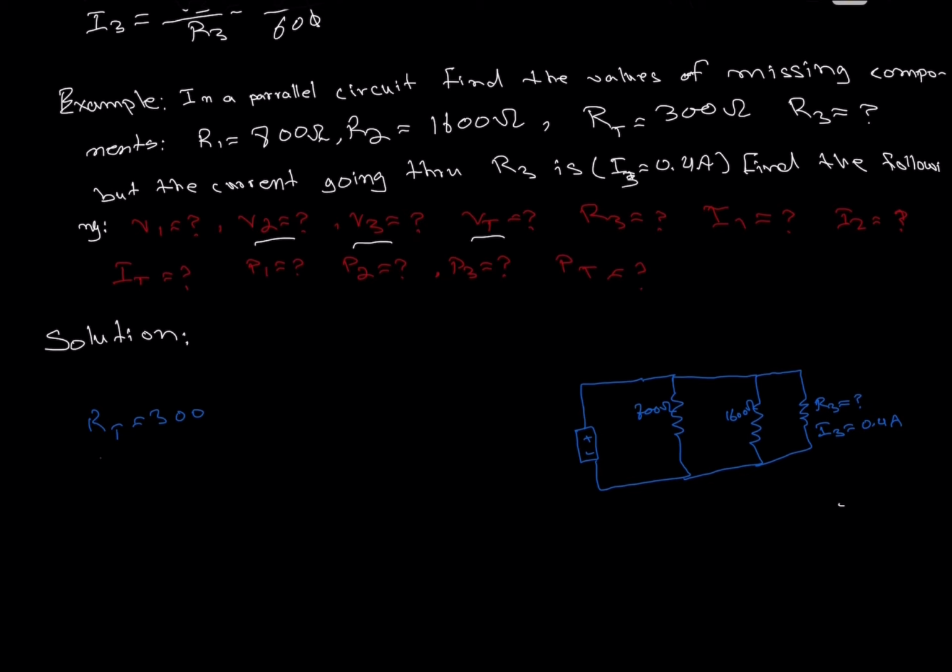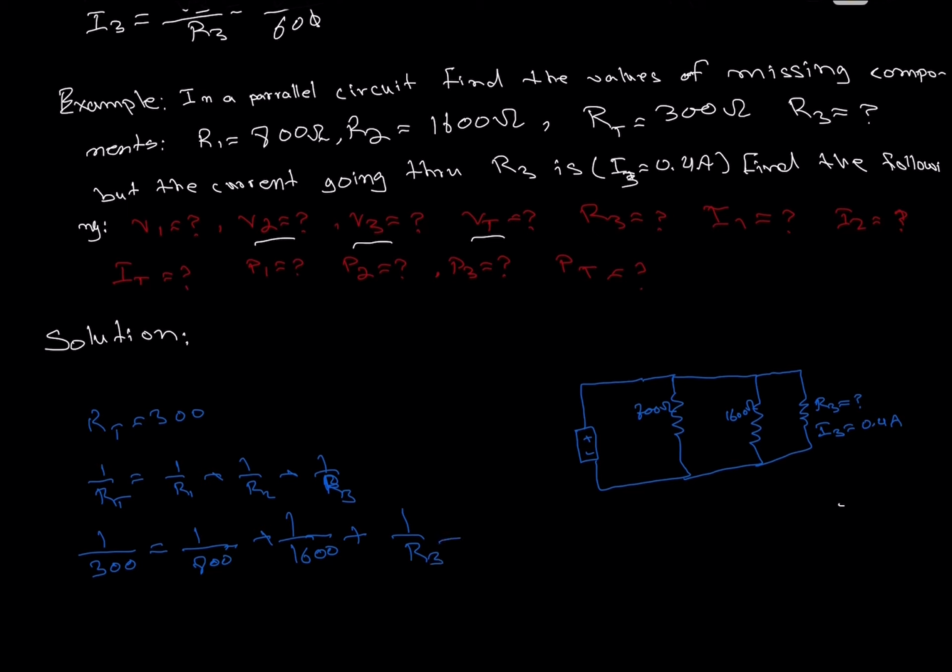We had a formula that to find RT, we could do 1 over RT equal to 1 over R1 plus 1 over R2 plus 1 over R3. RT is 300 ohm, so 1 over RT will be 1 over 300. 1 over 800 for R1, 1 over 1600 plus 1 over R3.